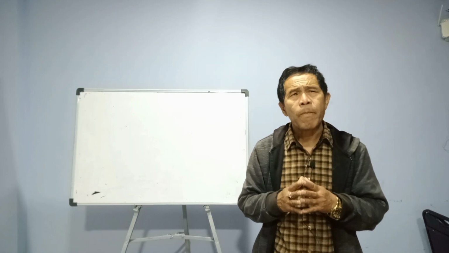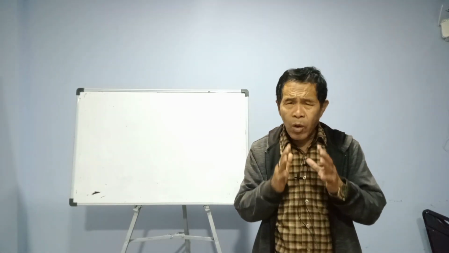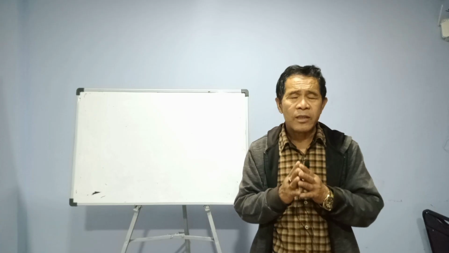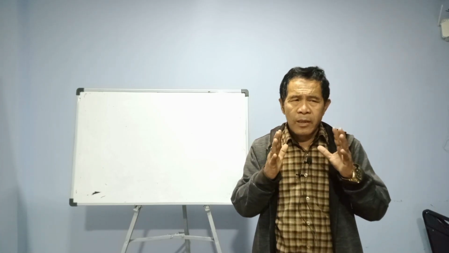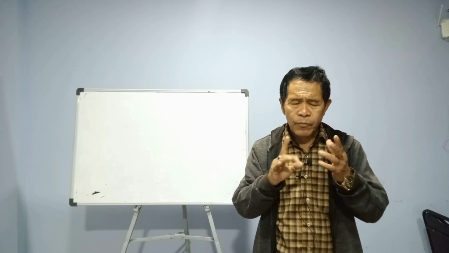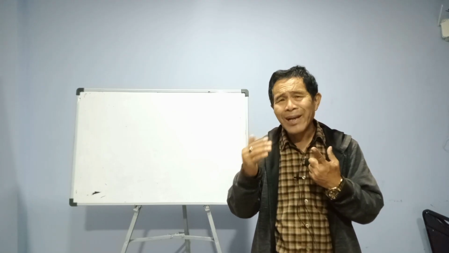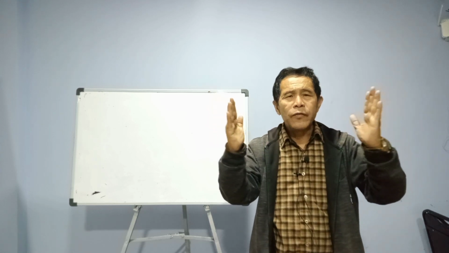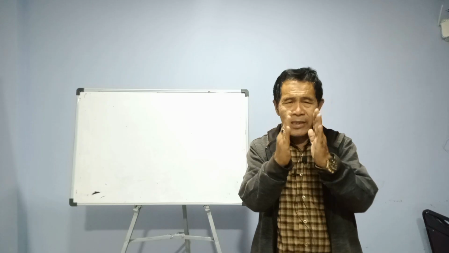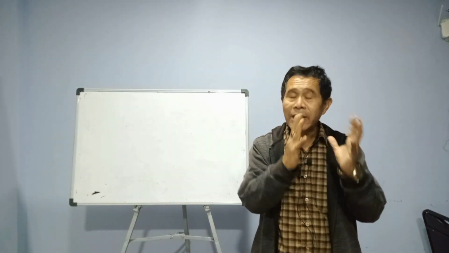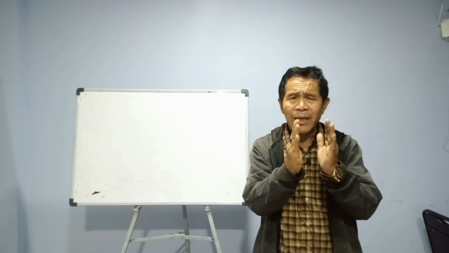And then next, word. What is a word? A word means one or two or more letters when we write together or when we speak together, then it is a word.